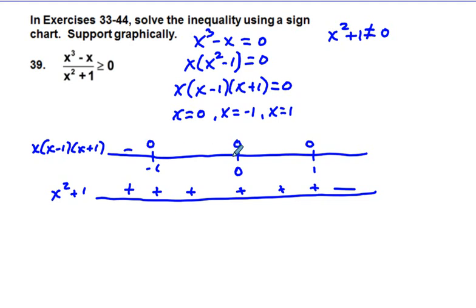Between -1 and 0, this value here would be positive, so we'd have a positive times a negative or positive. To the right of 0, we would have a negative times a positive times a positive. So we'd have negative here, and everything would be positive to the right.